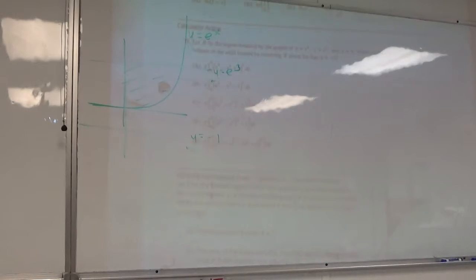Always, because it's a constant. Right, e to the third power is constant, so that's going to be a horizontal line. Most of you guys seem to have identified the correct region.